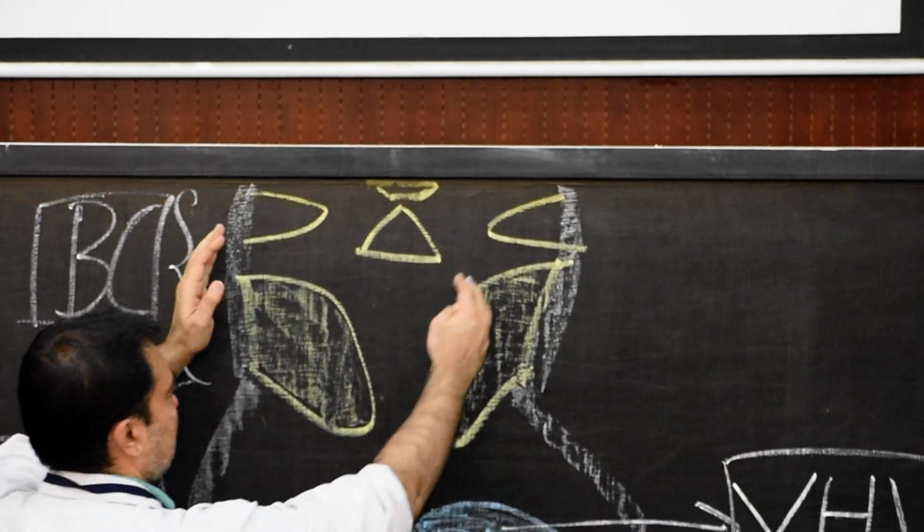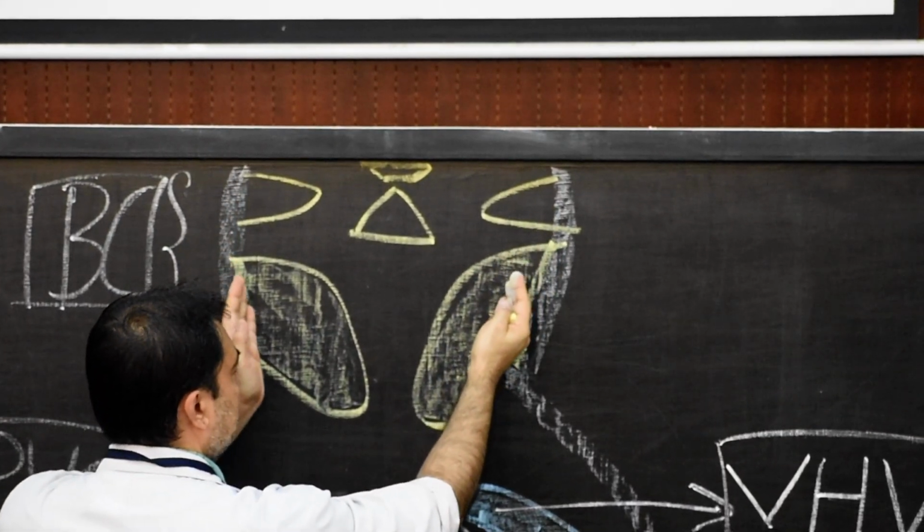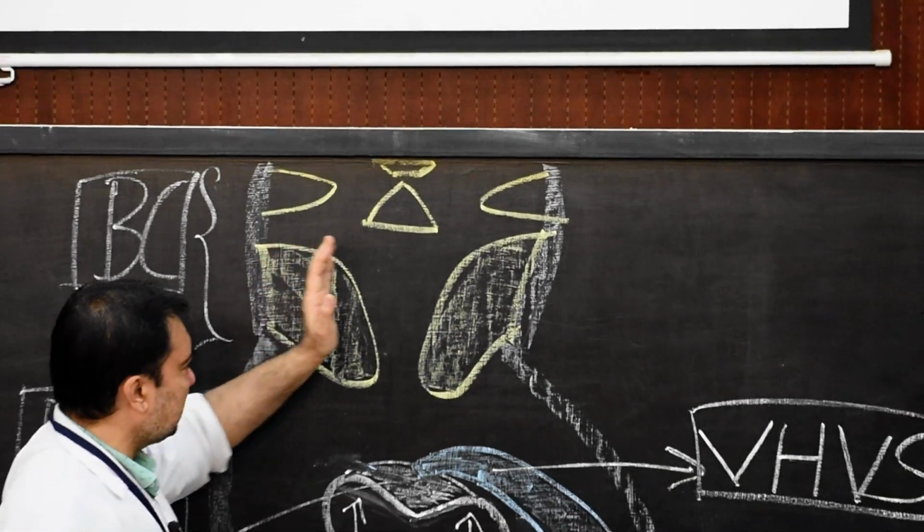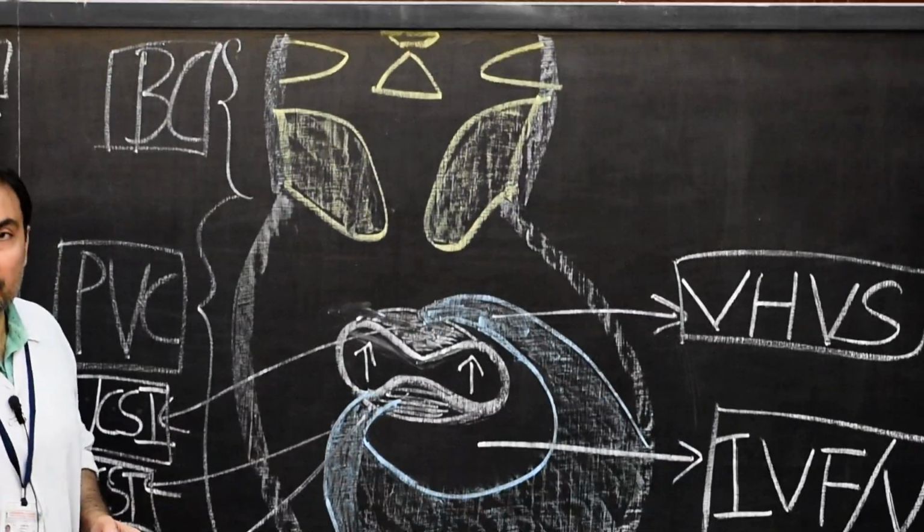Out of that, the right and the left valves will develop as the right and left bulbar ridges from the right wall of the bulbus cordis and from the left wall of the bulbus cordis.